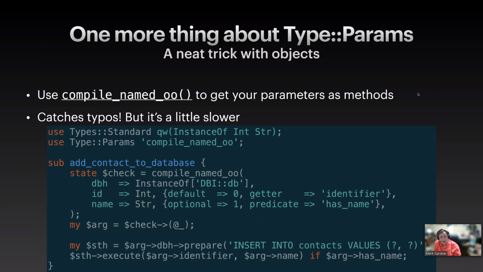And you can set predicates, like you can say has name. So if that optional parameter got passed, has name returns true. Again, this is really neat. It will catch a lot of errors.